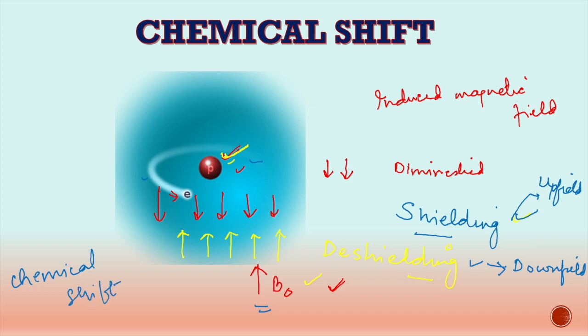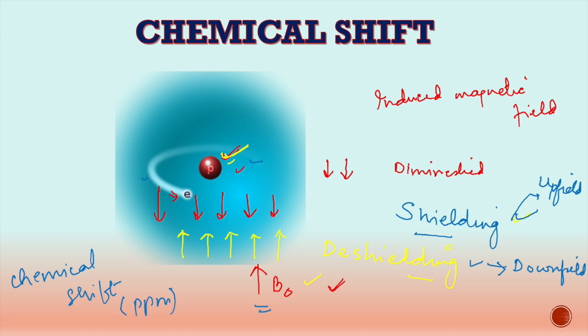Now, how are the direction and magnitude, meaning the value of a particular chemical shift, measured, and how are they expressed? The unit in which a chemical shift is most conveniently expressed is parts per million. So it is expressed in parts per million, or ppm, of the total applied magnetic field.